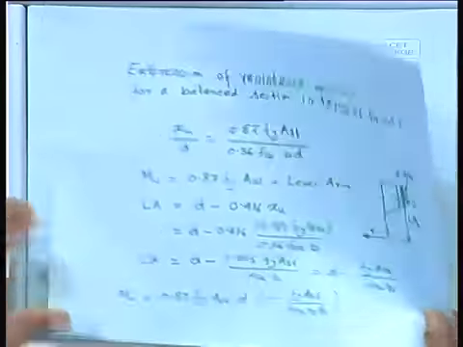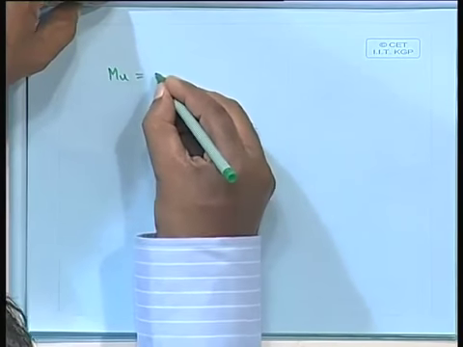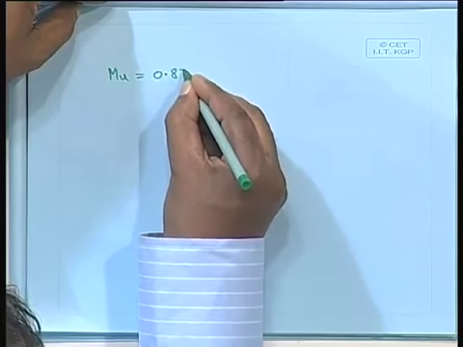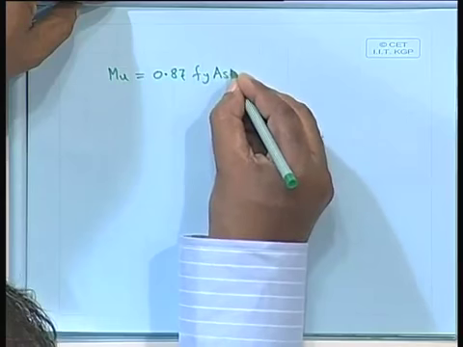Therefore we can write Mu equal to 0.87 fy. Let me copy it once more.